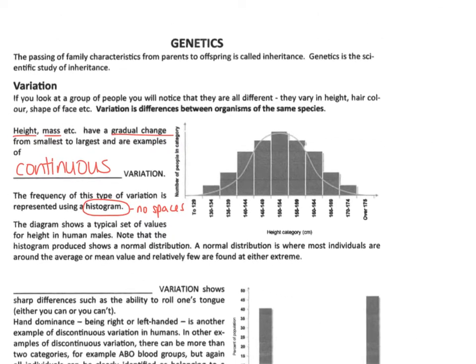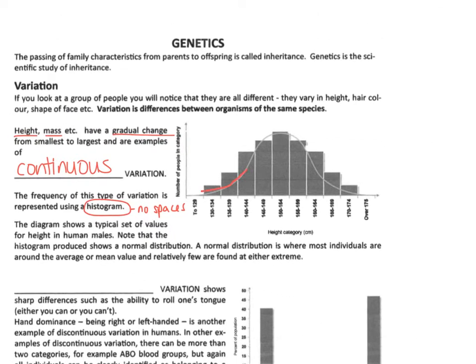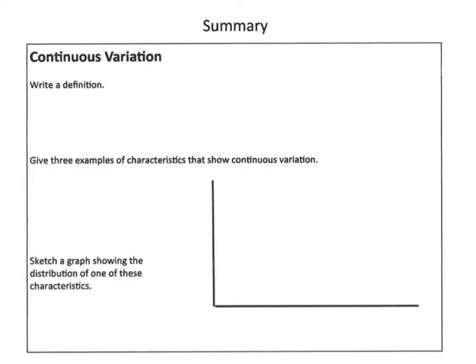Okay, in your notes it says that this gives you a normal distribution, which is just this shape here. Okay, so very few small, very few at the other end, very tall people. Most people are in and around the average, in this case it's height. Okay, so that's continuous variation.